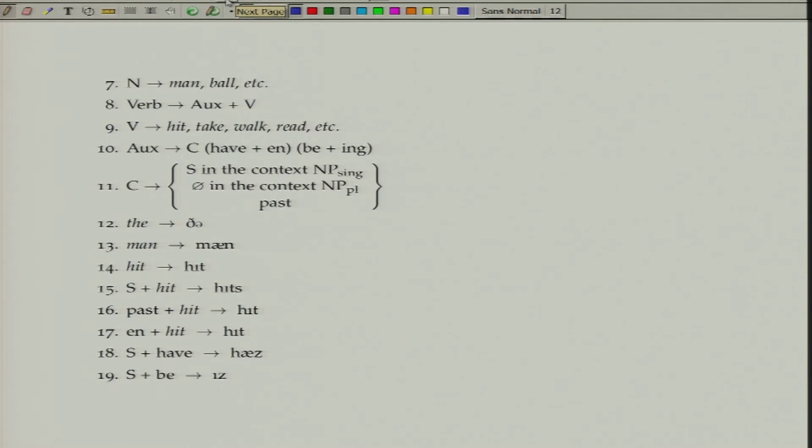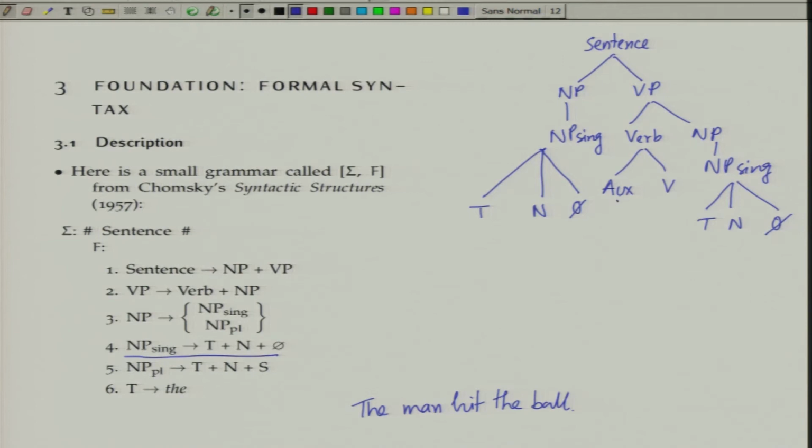Now we shall see the Aux rule. In this case, we have chosen just one thing. So here aux goes to C. We haven't taken the have formation or the being formation, we just have taken the C formation. Aux goes to C, which is perfectly allowed. And what will happen to C?